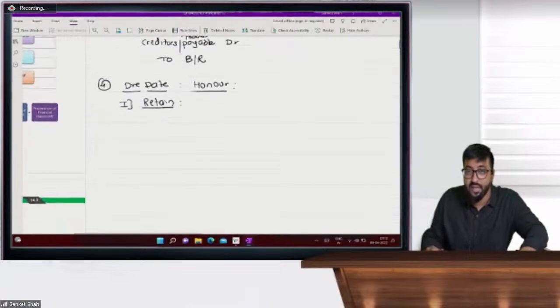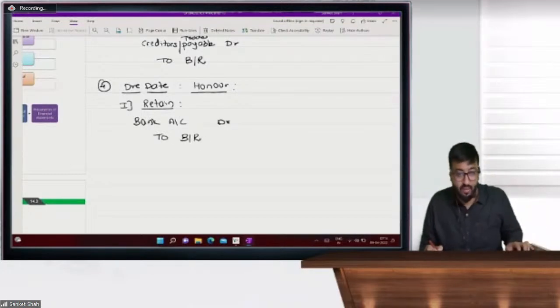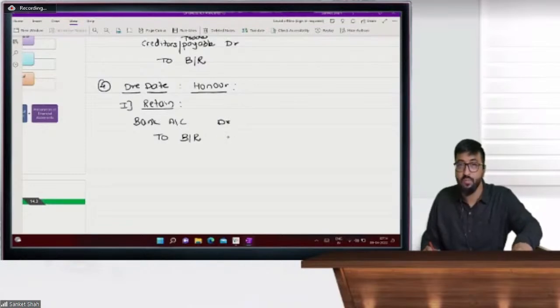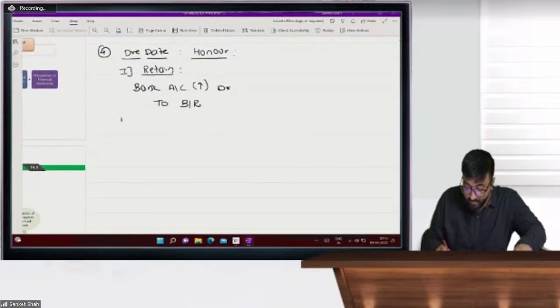So if money is received, you will debit the bank account. Very good, Mukta Vyas. First answer by Mukta Vyas. Retained bill honored: bank account debit to bills receivable. Bank to bills receivable. The bill goes out, and the bank balance will increase on the due date. That is for the retained bill.